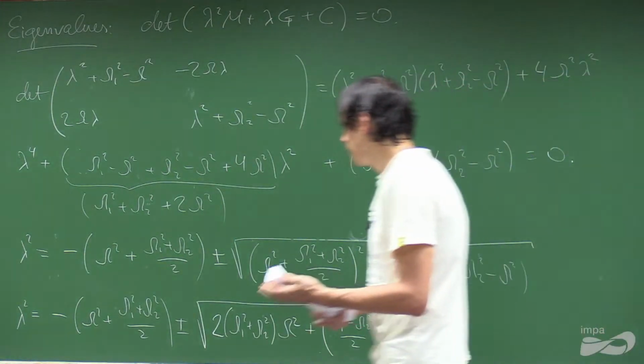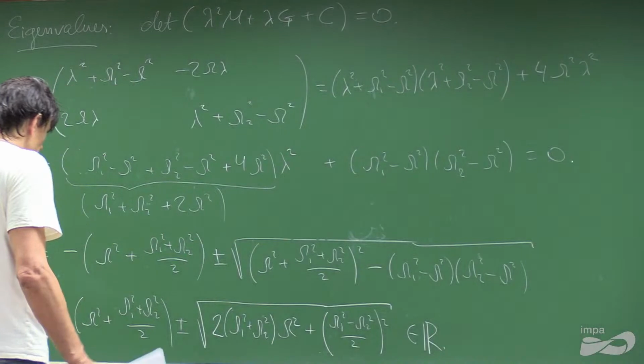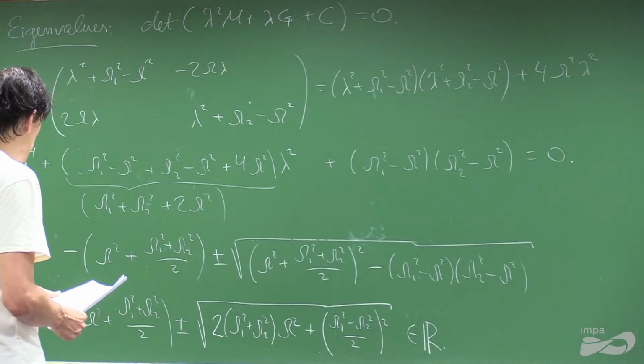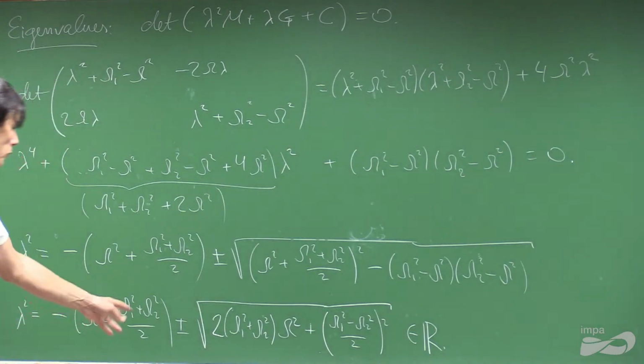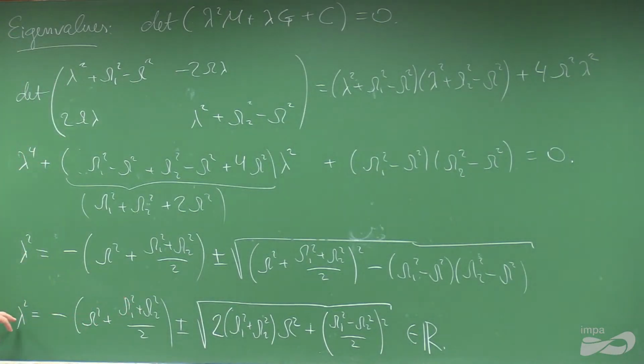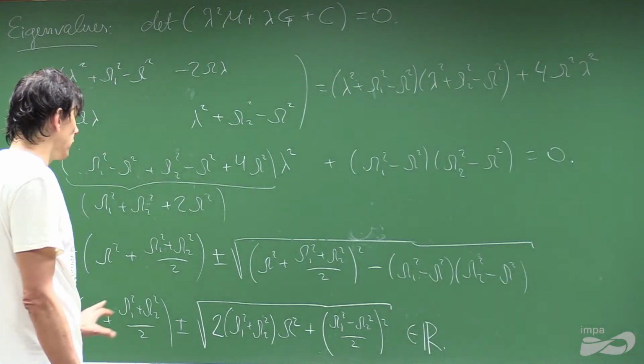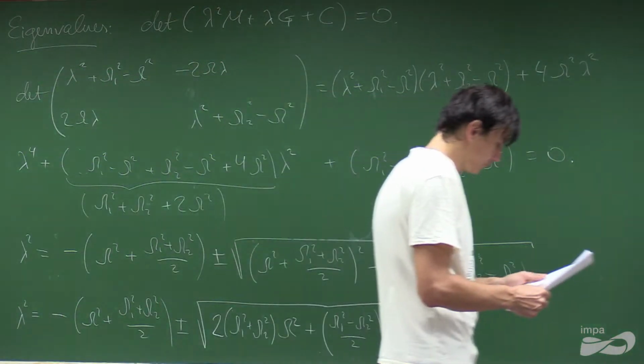They are real, and what we can be interested in: if they're real, what is important is whether it's positive or negative. Because if it's positive, then lambda will be real, because it will be the square root of a positive number. But if lambda squared is negative, then lambda will be imaginary. And this is very different behavior. So we need to find when lambda is 0.